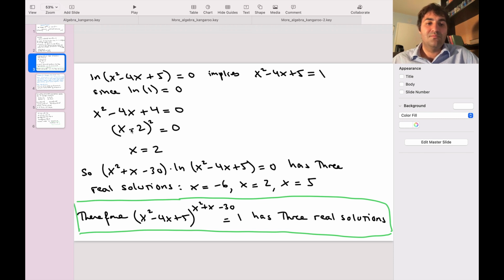That is (x − 2)² equal to 0, so x is equal to 2. So this equation, (x² + x − 30) times ln(x² − 4x + 5) equals 0, has three solutions: x equals −6, x equals 2, and x equals 5. So the original equation that we want to solve has three real solutions.